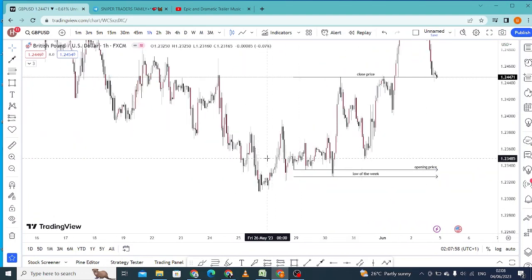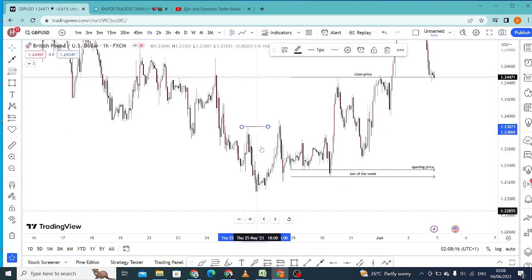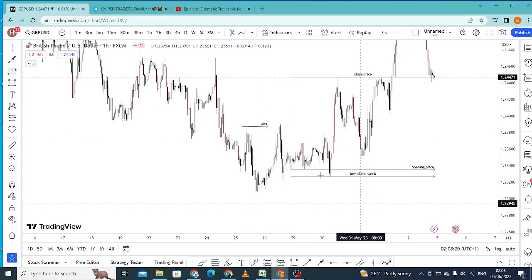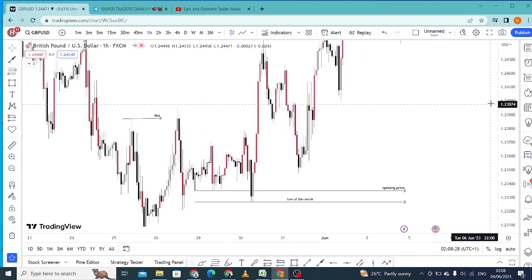This was last week Friday, last week Thursday, where price broke structure on the GBP/USD. We had the market structure shift. After this market structure shift, we saw a return to this order block.